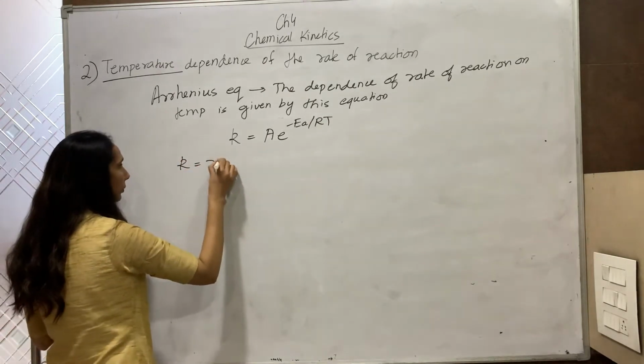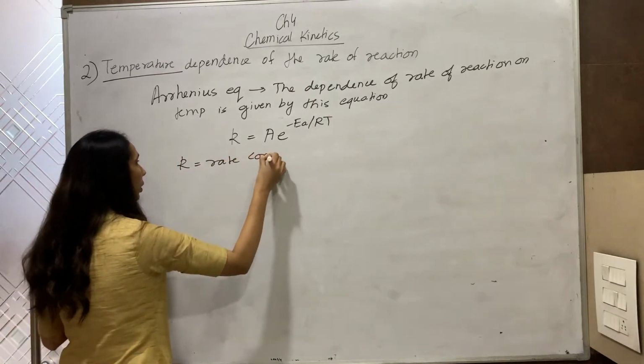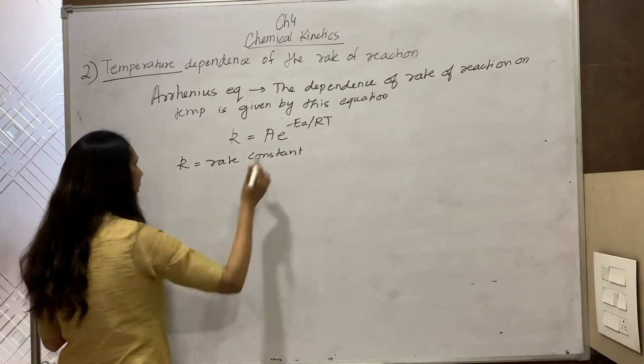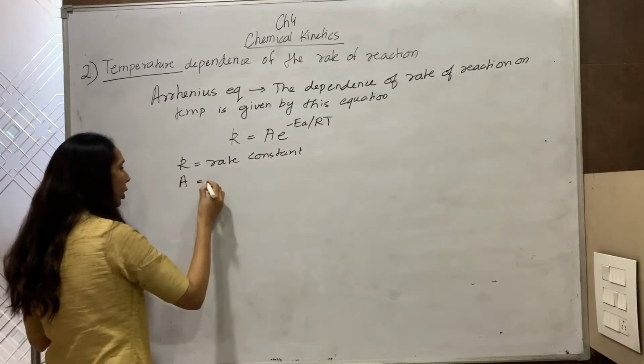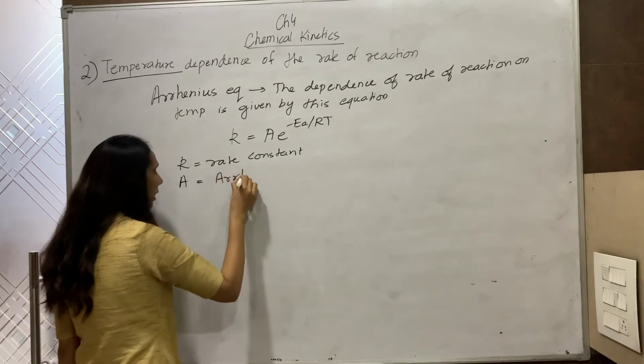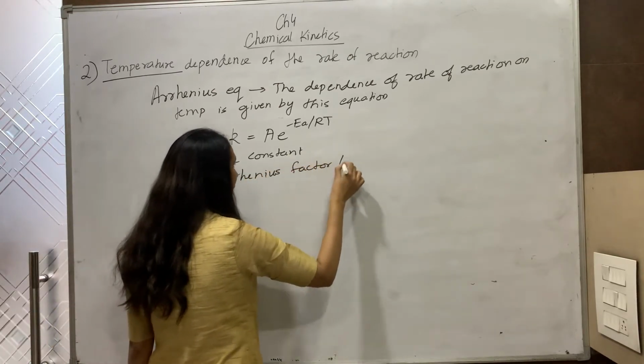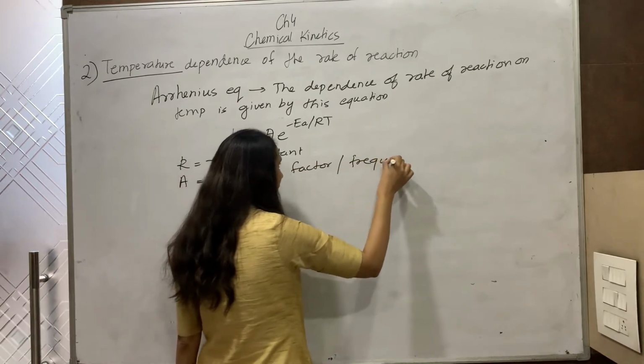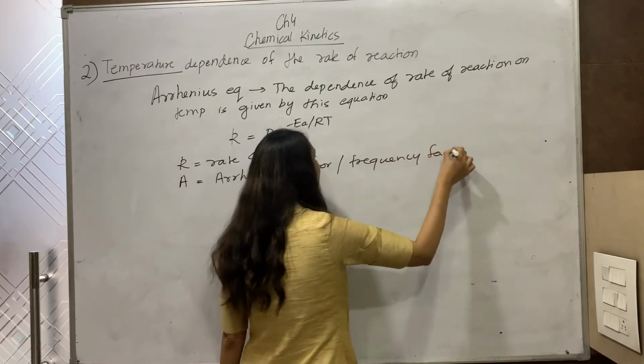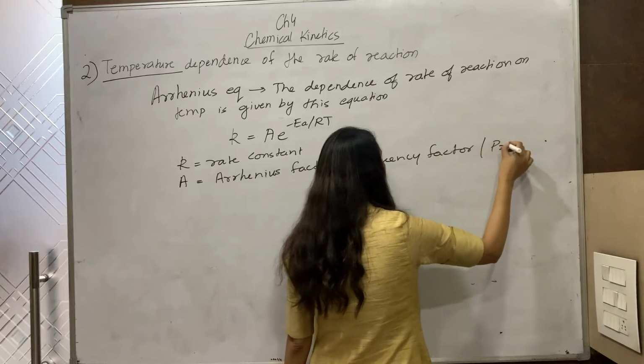So I can see how the rate constant varies with temperature. A is called the Arrhenius constant or Arrhenius factor, or you can call it the frequency factor, or the pre-exponential factor.